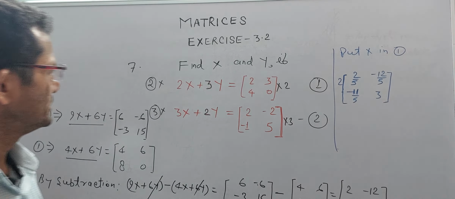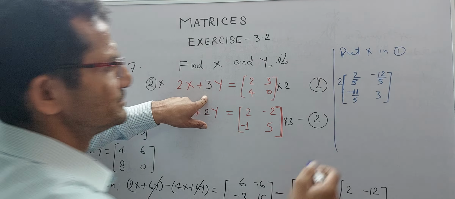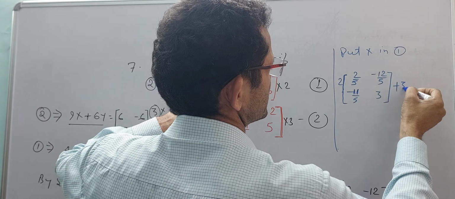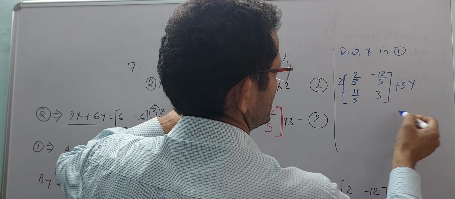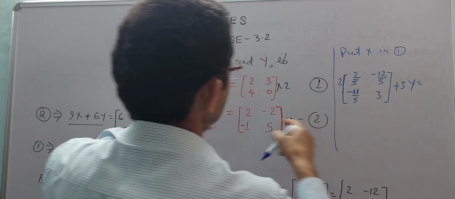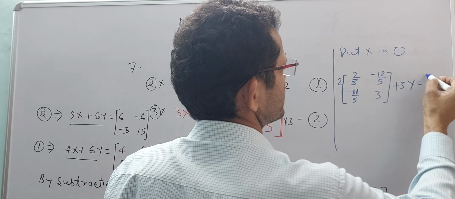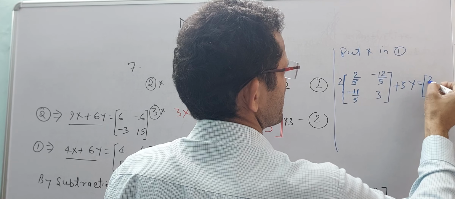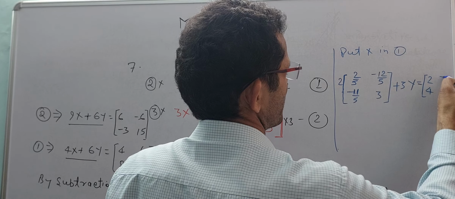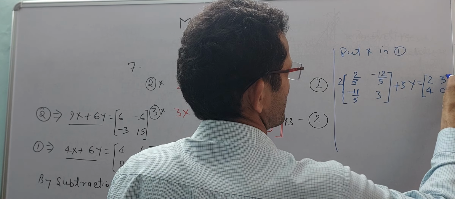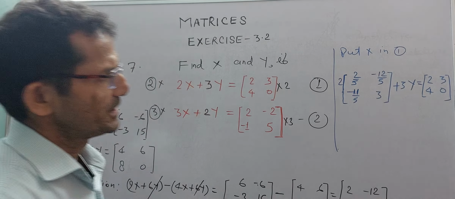So this is our 2x, and plus 3y, and the right hand side we have this value, 2 4 3 0.